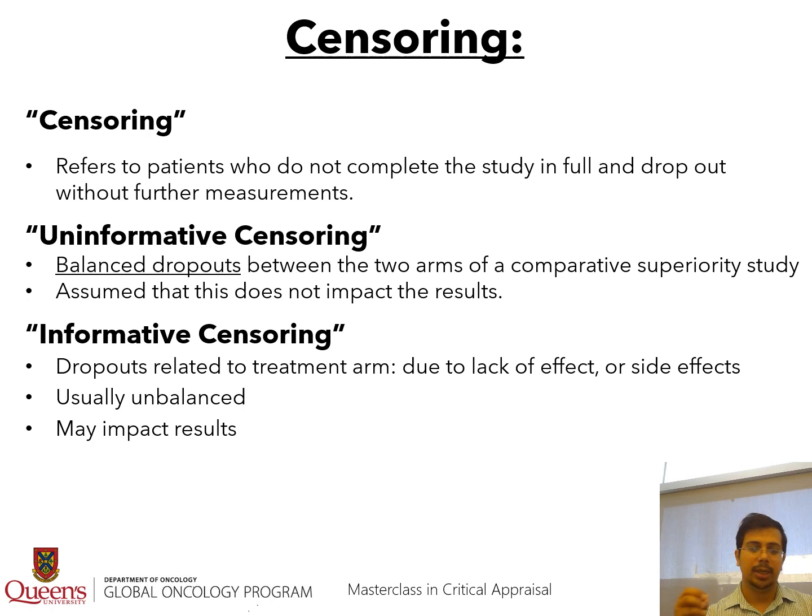But sometimes the drug might be having lots of side effects, it could be less efficacious, so the patients might be dropping out more in one arm than the other, and in that case that will affect the results, and we call it informative censoring.